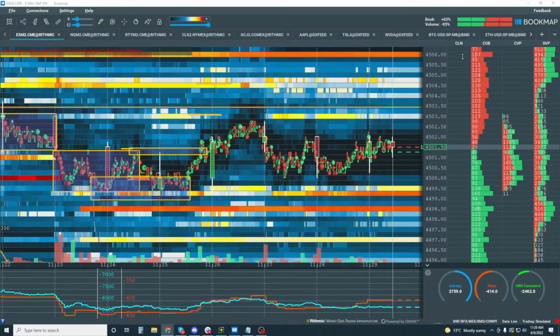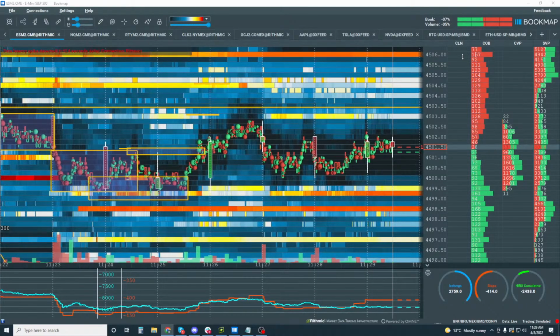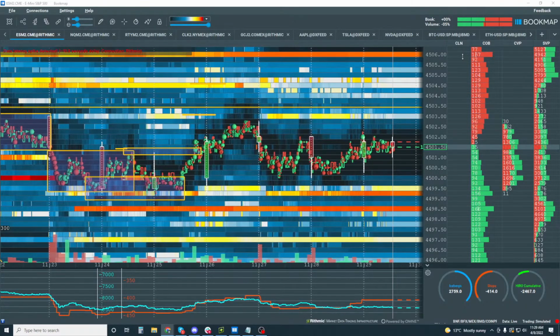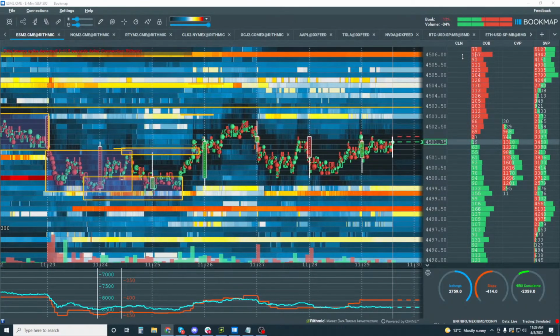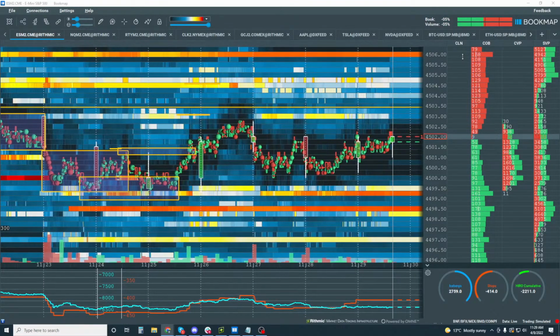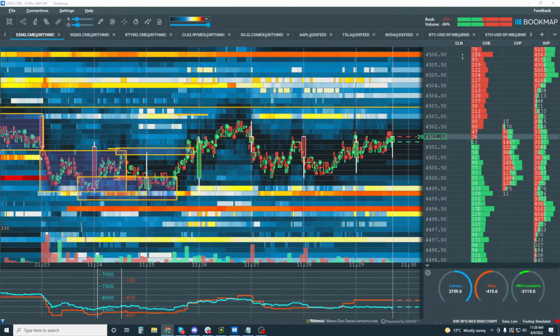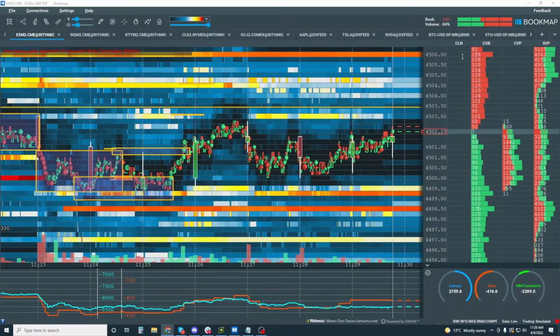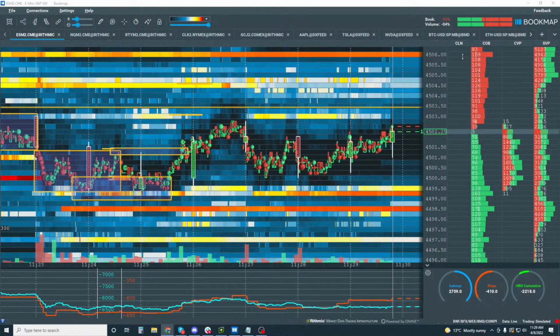I like it. But the desktop version here has a lot more features, that's for sure. So if you want access to those features, then that's what you can go with. You'll need Rithmic data if you're looking at futures, and if you want the MBO indicator as well, then you'll need to subscribe to that as well.